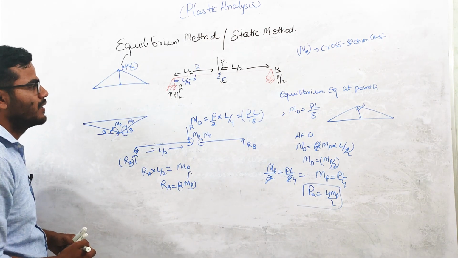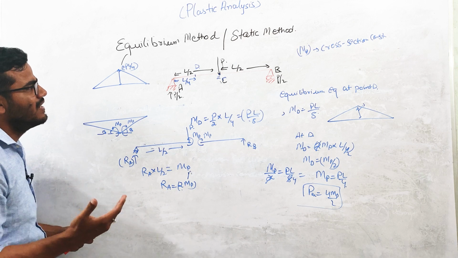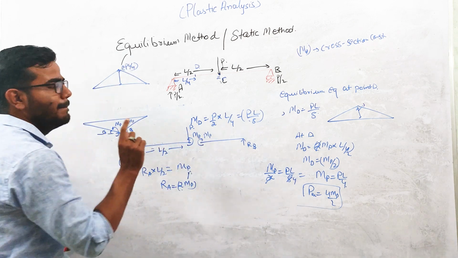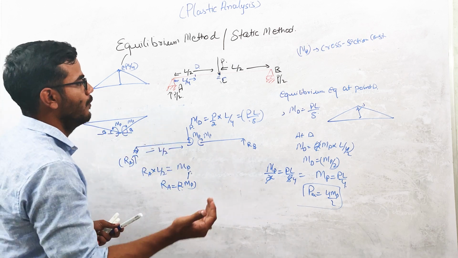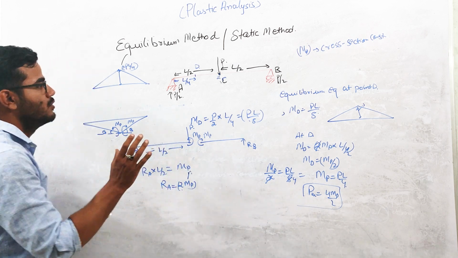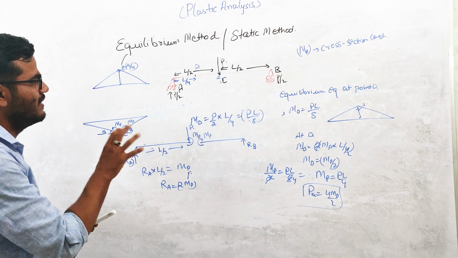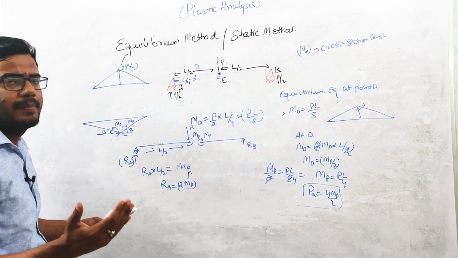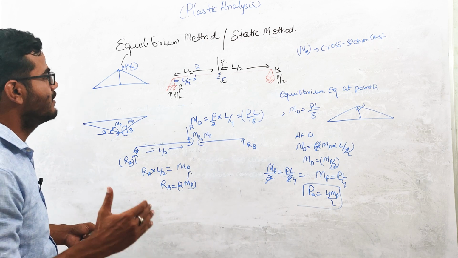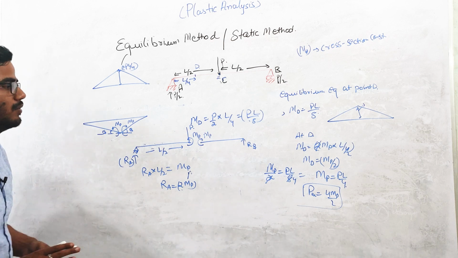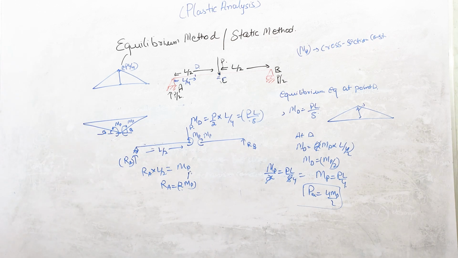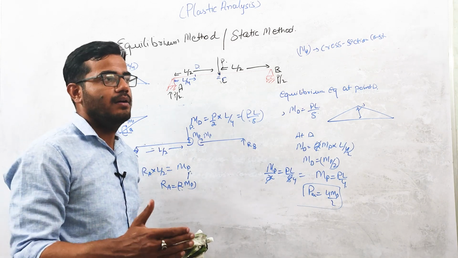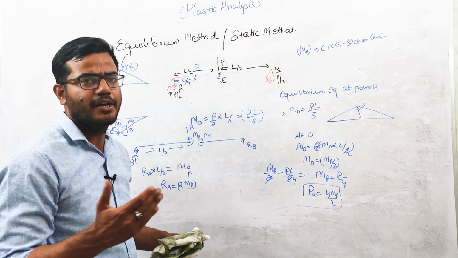If you write it at any other point, you have to solve more. I think you need to see this very carefully: why we are writing it just under point C, when we can write the equilibrium equation at any point. That is the point of this discussion. So this is the case of a simply supported beam. Now the important thing comes when the structure is a little more complicated, or you can say an indeterminate structure.